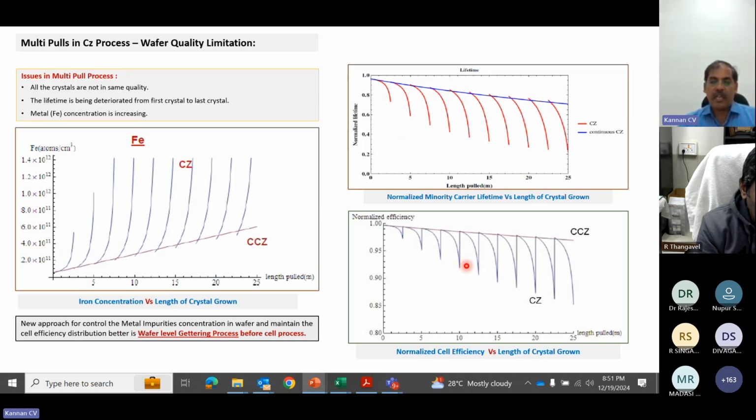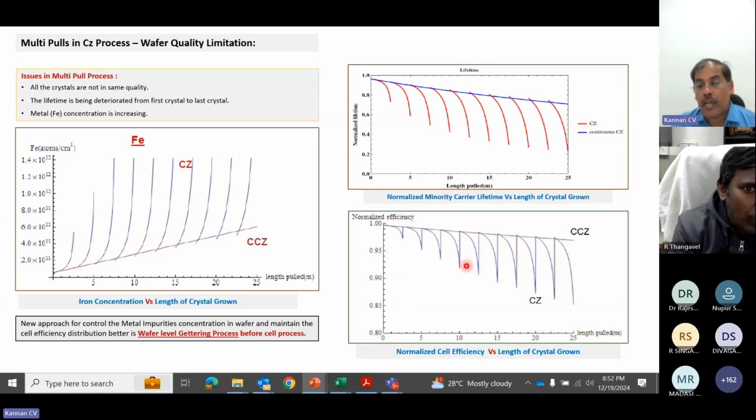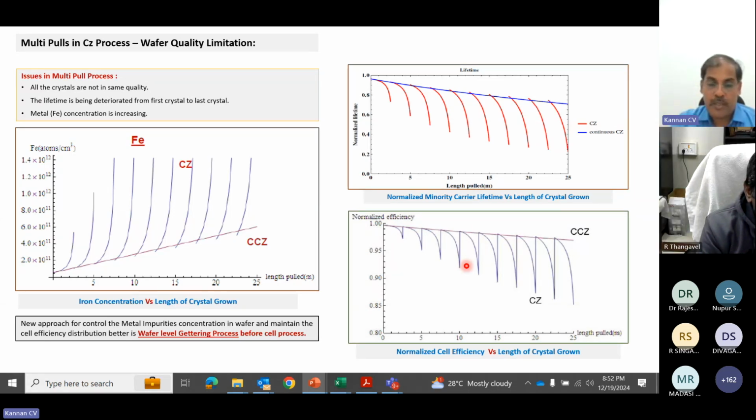But there is another disadvantage of doing this. You can maintain the oxygen concentration and the resistivity across the entire length, but when you go for a large number of crystals, you cannot control the amount of impurities, because when you continuously feed, the impurities of iron, copper, nickel, all these transition metals, will always try to stay in the molten silicon.